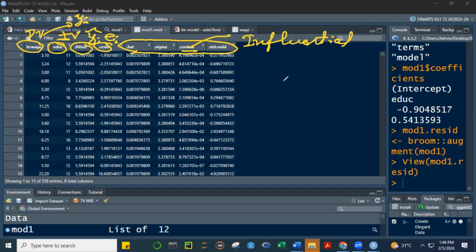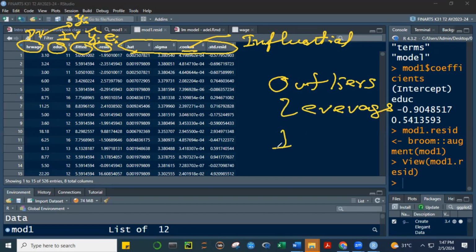Okay, what are the 3 important points here as far as data is concerned? You have your outliers, you have your leverage, and your influential.